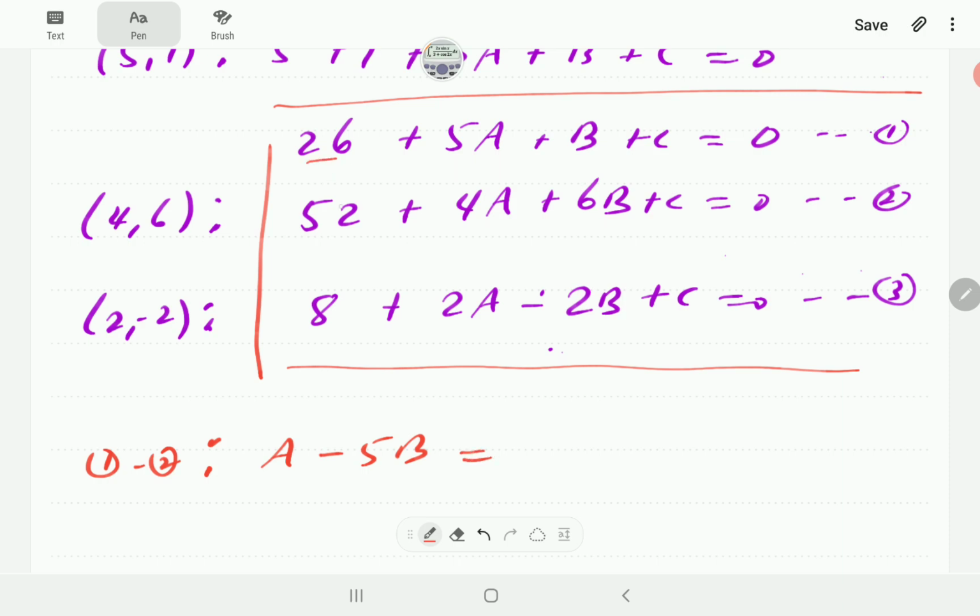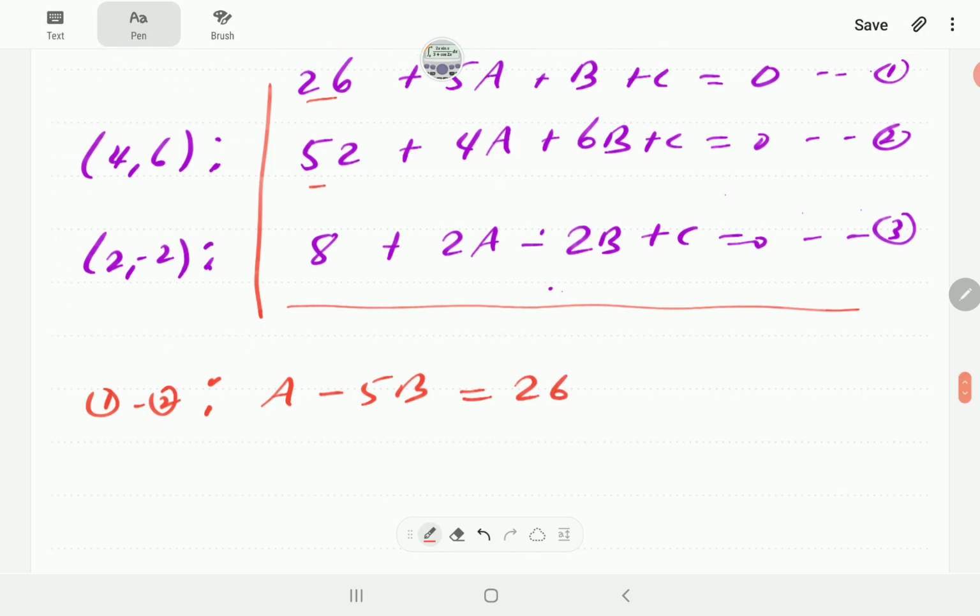Then here this is going to be negative 26. So if you take it to the right hand side, it becomes positive 26. Then if we do 2 minus 3, so we're going to call this our equation 4. Do 2 minus 3, we're going to get 2a plus 8b.